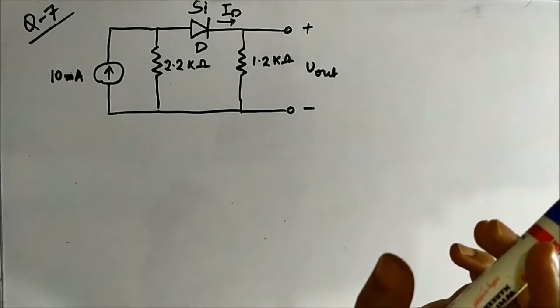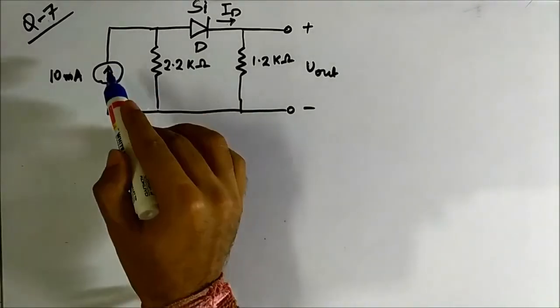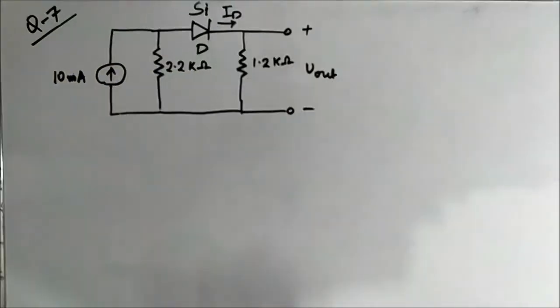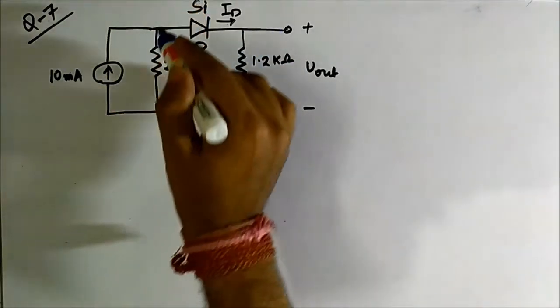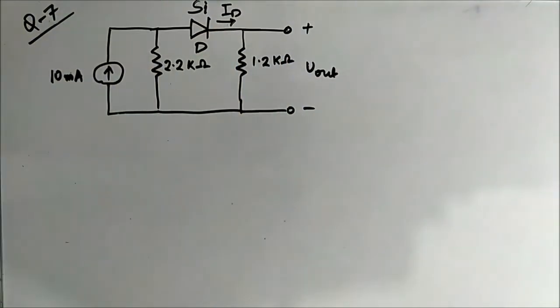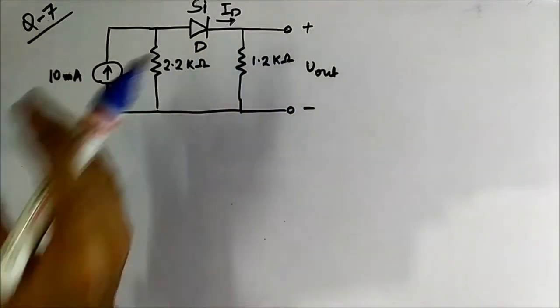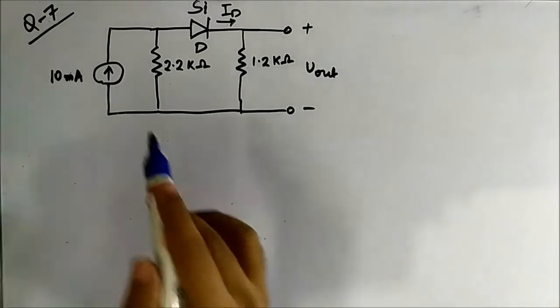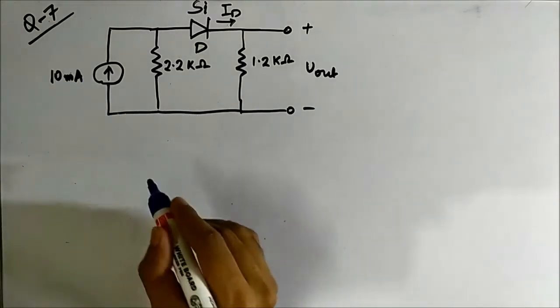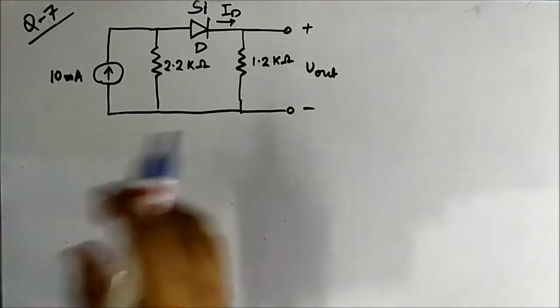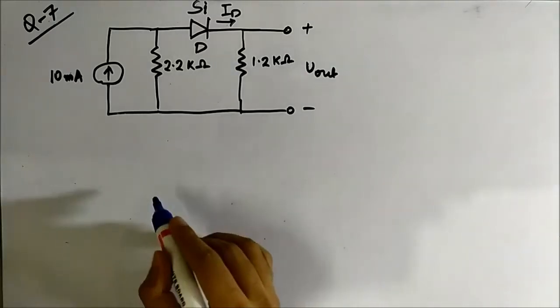Here, if you notice, this 10 milliampere current source and this 2.2 kilo ohm resistor are connected in parallel. So we can use the source transformation rule to convert this current source into a voltage source. We have discussed source transformation in circuit theory, and I have also posted a video related to that, you can check it out.